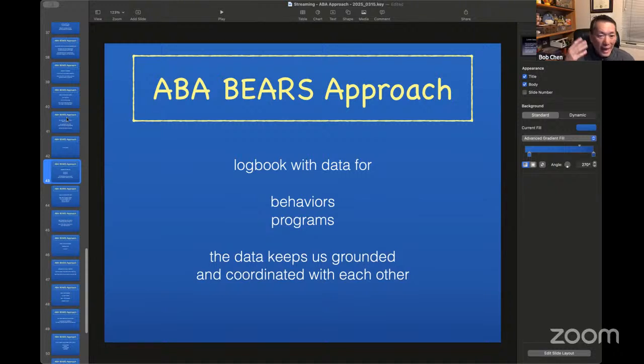And we allow certain things to influence our memory more or less. And what happens is that then we don't remember things the way that they actually were. We remember it in the way that our minds color it. And that's what the data does, is keeps us very, very grounded.